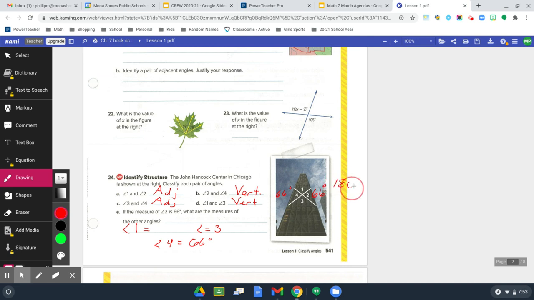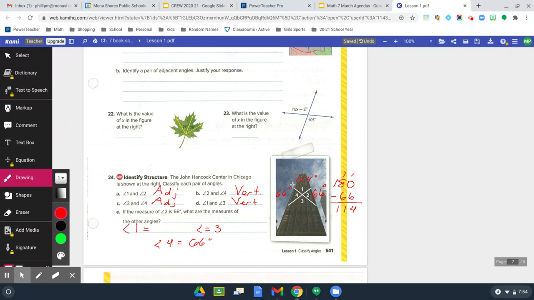If I can take and subtract 66 degrees from 180, I should be able to tell what angle 1 is. All right, so that would tell me that there's 114 degrees left over.